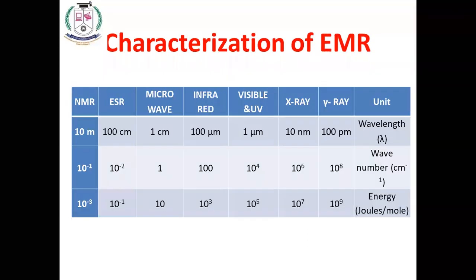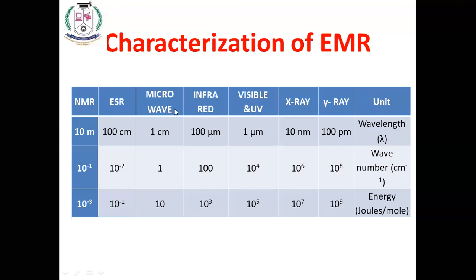Let us see from gamma rays to radio waves how the wavelength, the wave number and the energy vary. Energy is decreasing from gamma rays to nuclear magnetic resonance, that is radio waves. The order is gamma rays, X-rays, visible UV and infrared, microwave, and ESR, which comprises microwave only, and NMR, radio waves.